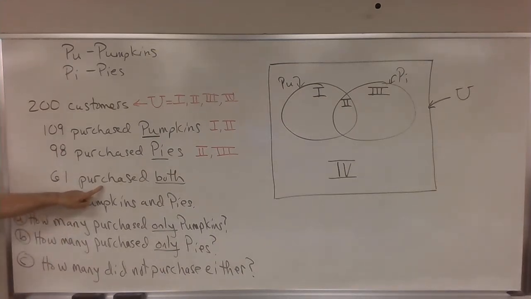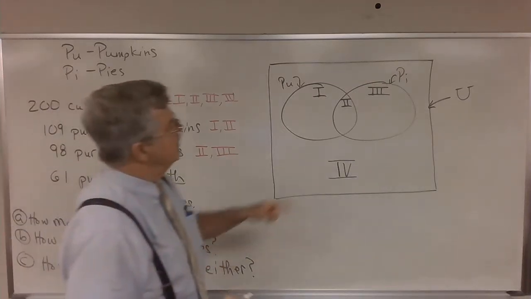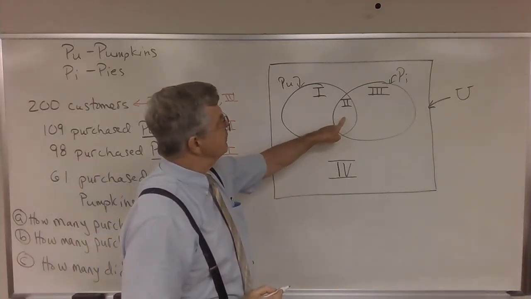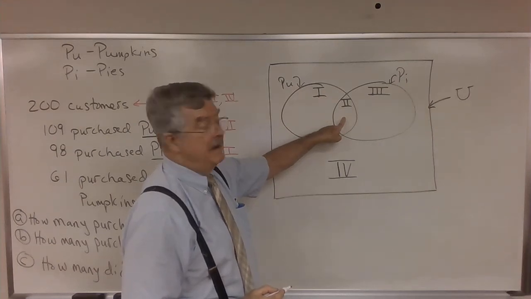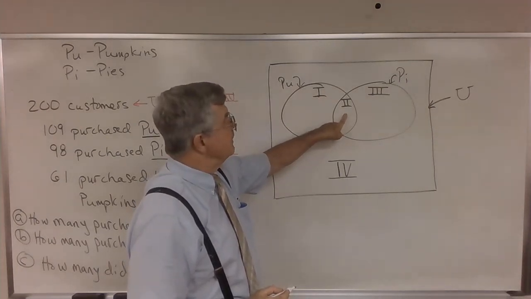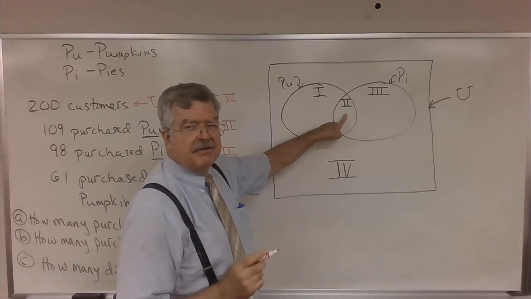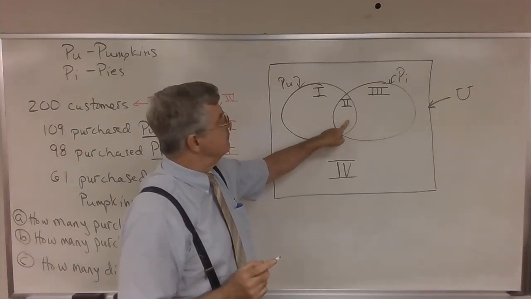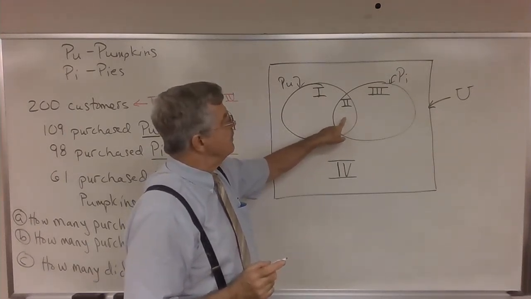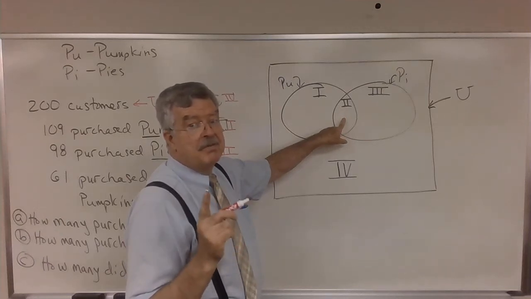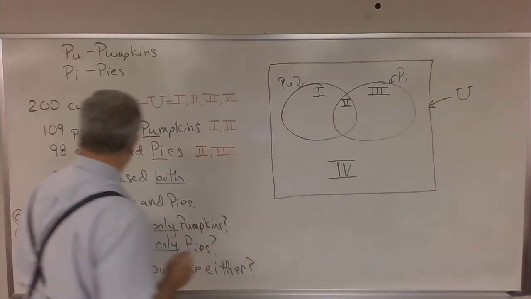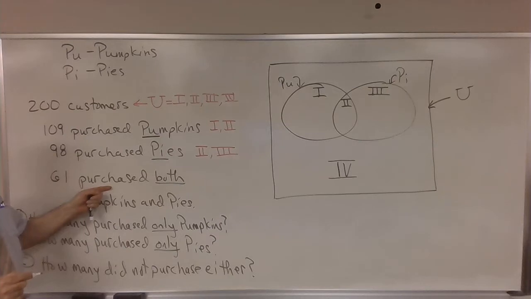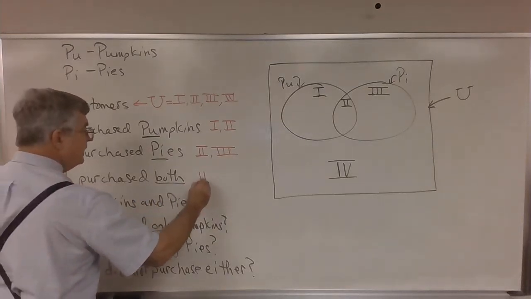See, both pumpkins and pies, this is where the pumpkin circle and the pie circle overlap, region 2. This is the intersection of the pumpkin circle and the pie circle. So this is where the people who bought both are. 61 purchased both. That's region 2.